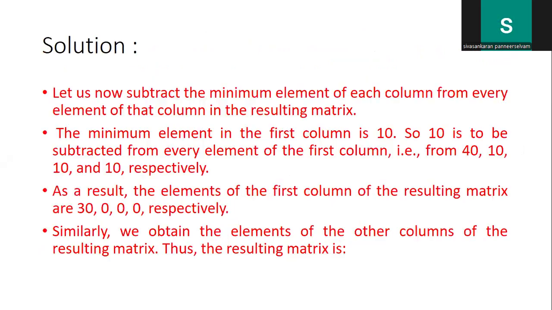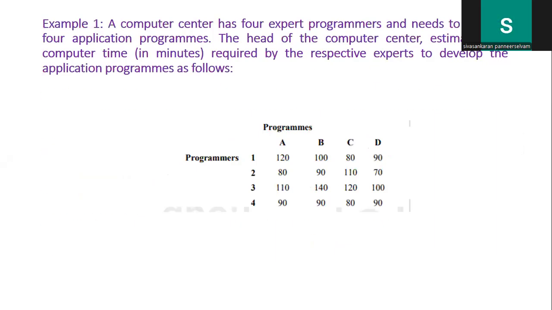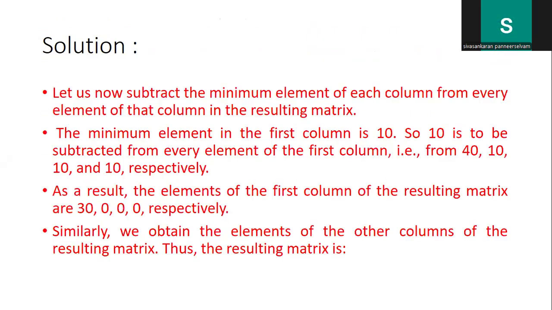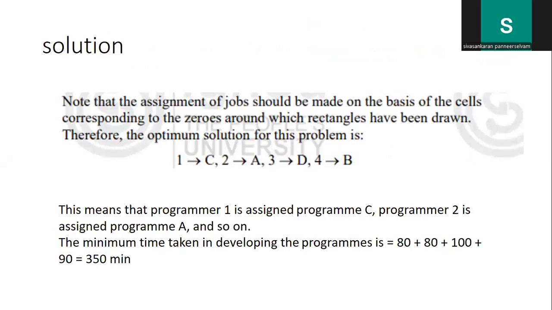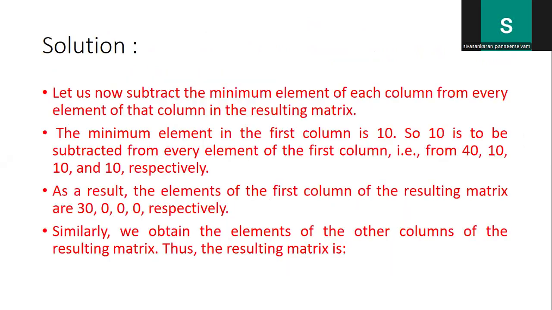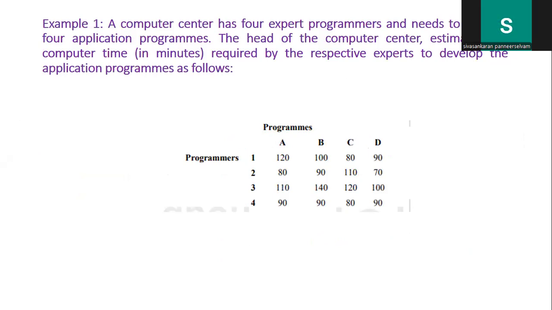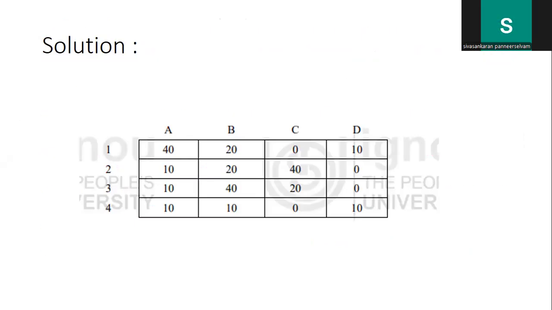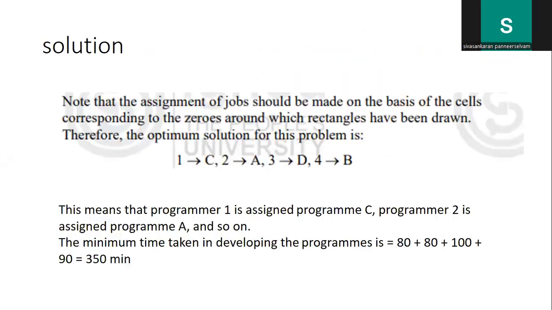The corresponding original time for expert 3 is 100 minutes. Expert 4 is assigned to develop application program B, whose corresponding original process time is 90 minutes. So we have to add the selected process times to find the minimum total time: 80 plus 80 plus 100 plus 90, totally 350 minutes.